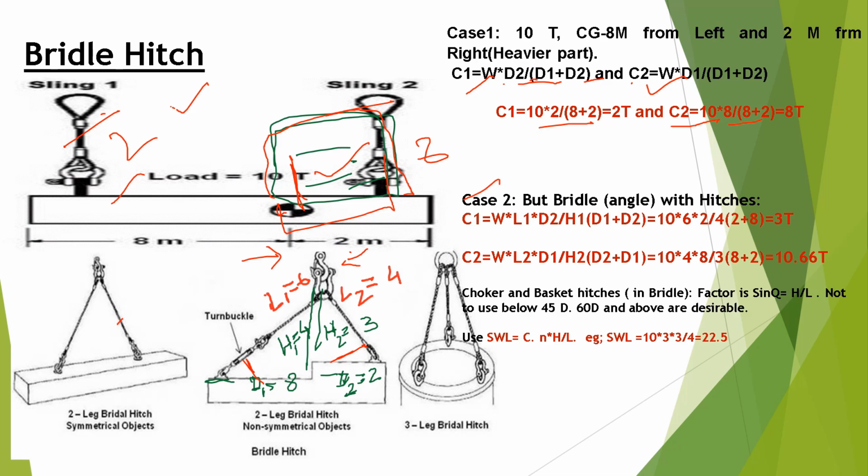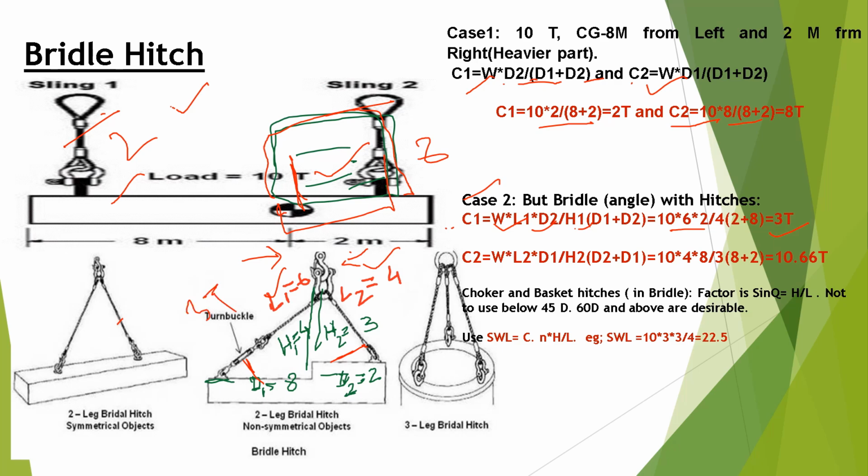Here in the example we have seen, the length is taken as 6 on the left, on the right it is 4. So the formula will be load into L1 into D2 divided by H1 into D1 plus D2. That is 10 into 6 into 2 divided by 4 into bracket 2 plus 8.